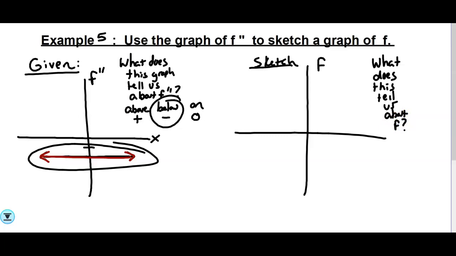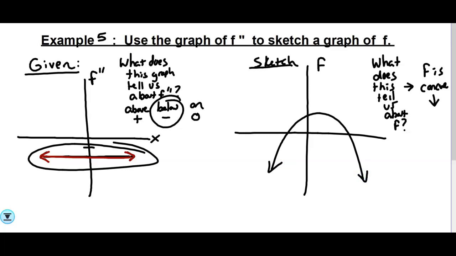If f double prime is always negative, then that means that f is always concave down. So what does a graph look like when it's always concave down? It looks like a parabola. And once again, we really don't know how high up or how far down this graph is. All we know is it looks like an upside down parabola.